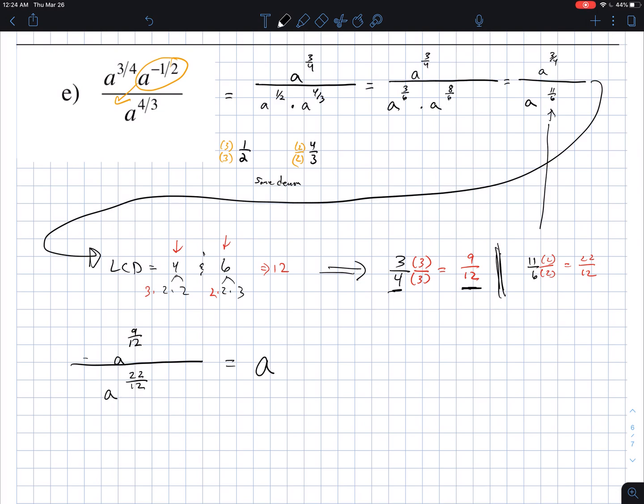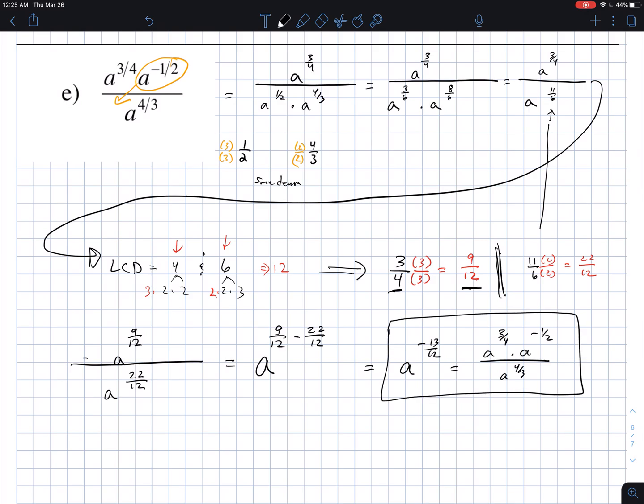That tells us that it's the same base of 9/12 minus 22/12, and that should give you a to the negative, what, 13/12, and that is what's equal to this pile of junk, a to the 3/4 times a to the negative 1/2 all over a to the 4/3. And there's actually a funnier way to do this, but I won't confuse you right now.